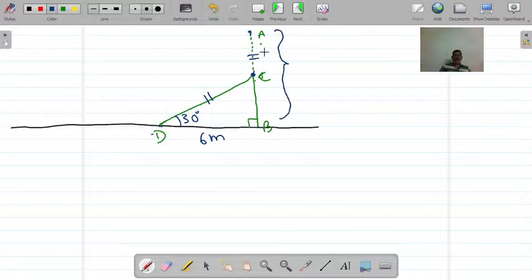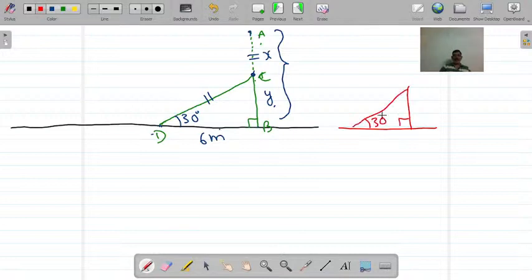If you call it some x and y, you have to find the value of x and the value of y. Because this is a right angle triangle, it is very easy. If you look at this, you can find it very easily. Just consider the same thing, and here the angle is 30 degrees.